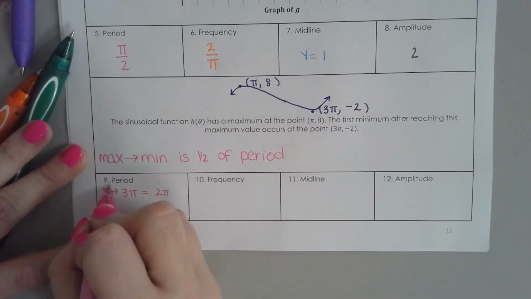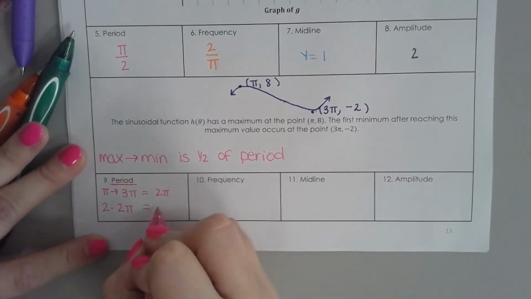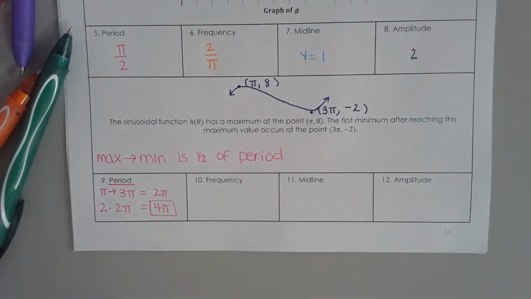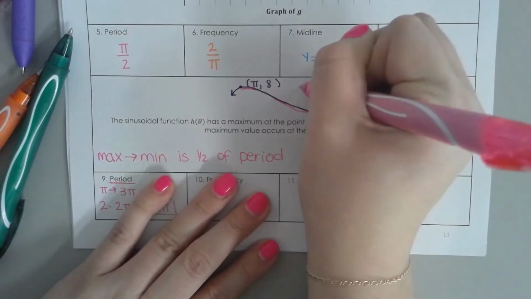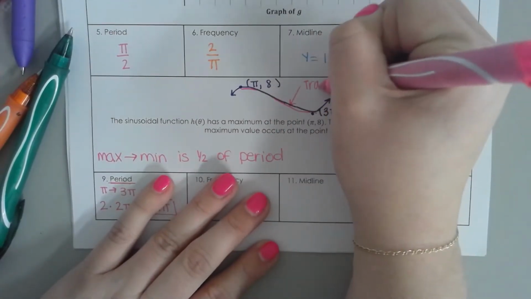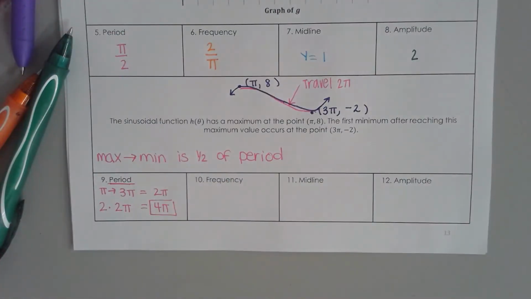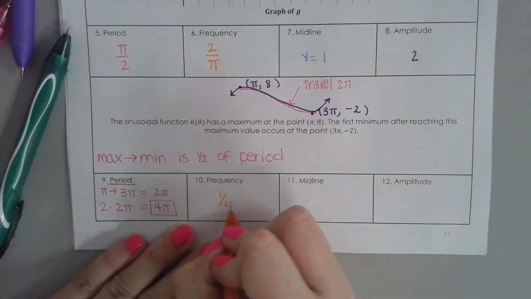And so to find my whole period, I'm going to do 2 times 2 pi, which is 4 pi. So from here to here, you travel 2 pi, but that's only half of it. Which means the frequency is just 1 over 4 pi.